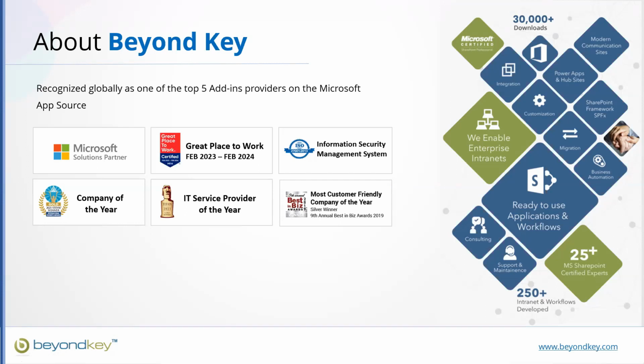We also received numerous awards, including the Stevie's 2021 Gold Company of the Year Award from the International Business Awards, the IT Service Provider of the Year Award from Titan, and a number of awards from Best in Biz for being the most customer-friendly company of the year.